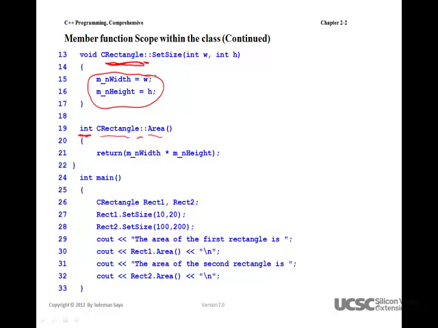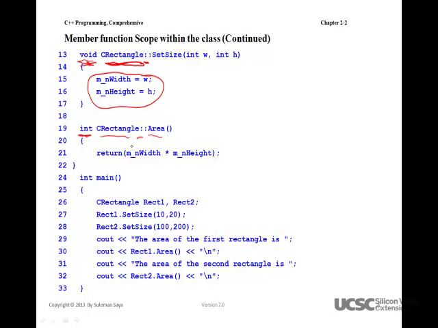In the previous case, set size, I have a void right here, okay, so that means it's returning nothing. Make sure you understand that every function must have some return type. If you don't put the return type right here, by default it will be int. So by default, every function returns int, unless you say that I don't want any return type.